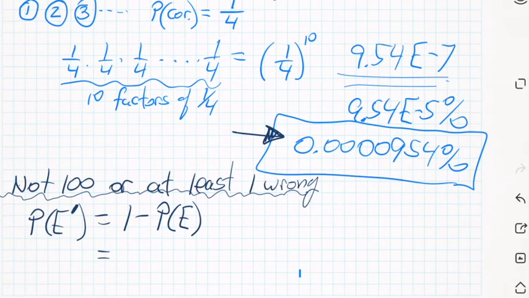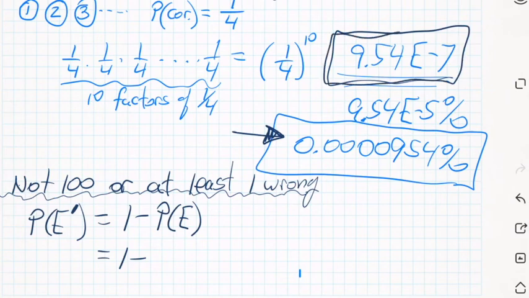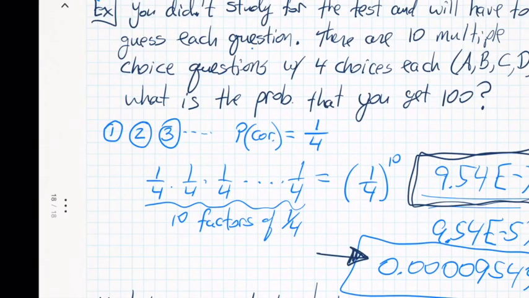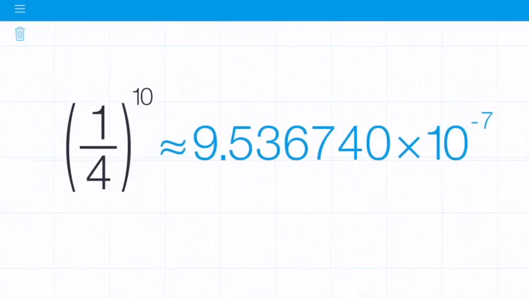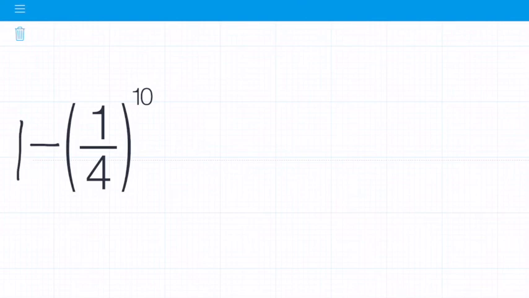So in this case, it's going to be 1 minus, and because I'm dealing with 1, I got to deal with the decimal value. So it would be 9.54 e negative 7. If I was going to deal with the percent one, I have to use 100% minus the probability as a percent. All right, so let's go back to my calculator, get rid of the times 100, and subtract this from 1.